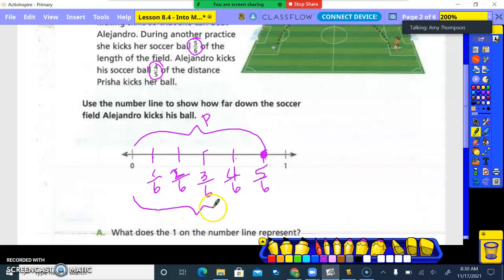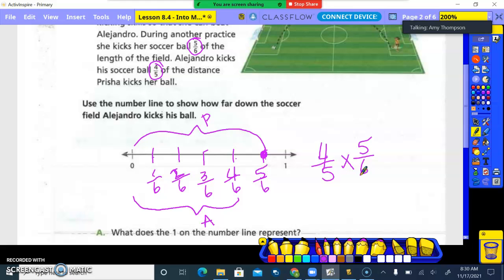So, here's Alejandro, right? Okay. So basically, our equation would be what? 4/5, because it was 4/5 of the 5/6. And like we said, of means multiplication.